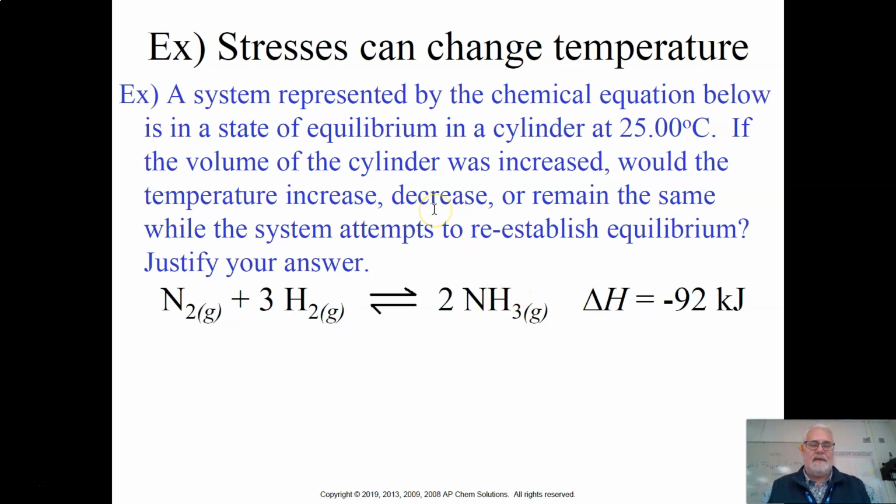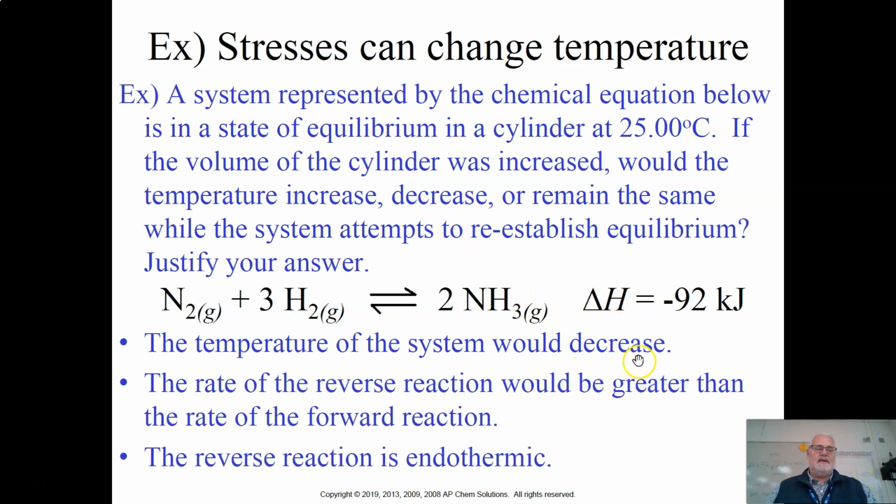Okay, so I'm guessing that the temperature would decrease because it is an exothermic reaction and you'd be pulling away from that heat on the right side. Shifting to the left, and the reverse reaction is endothermic. That's another way to think about the temperature too. If you're going this way, it's endothermic because you know it's exothermic going that way. That's a good way to look at it as well.